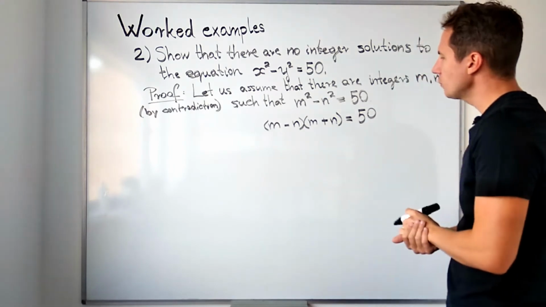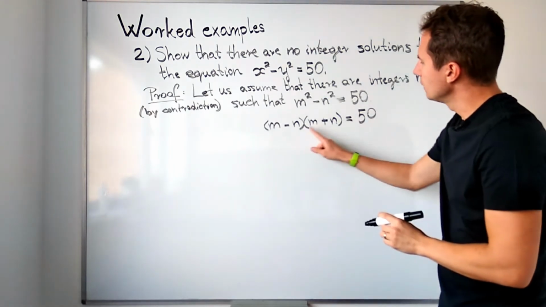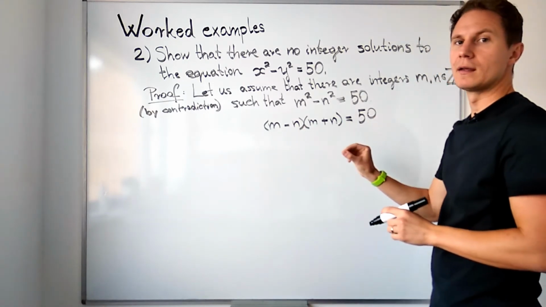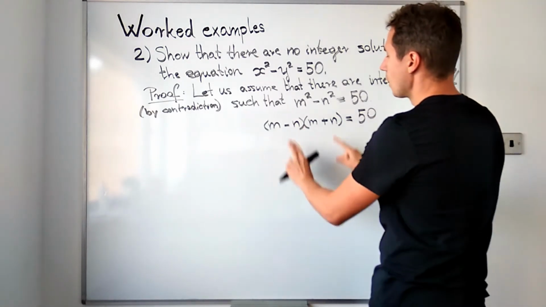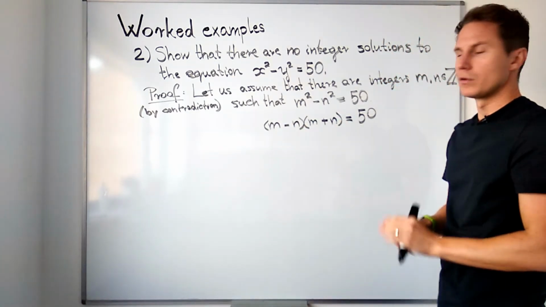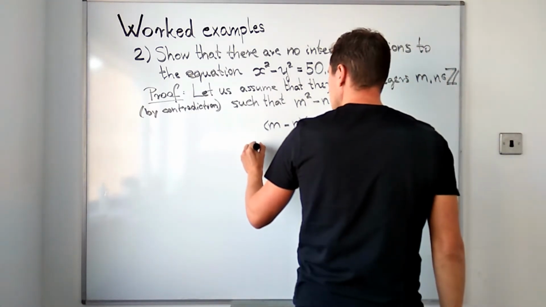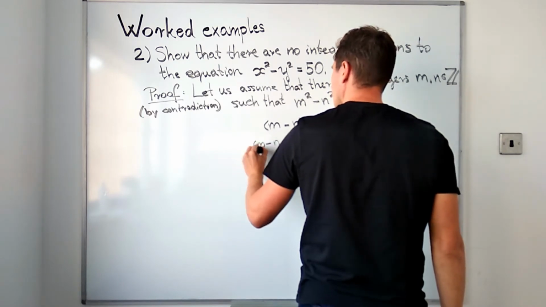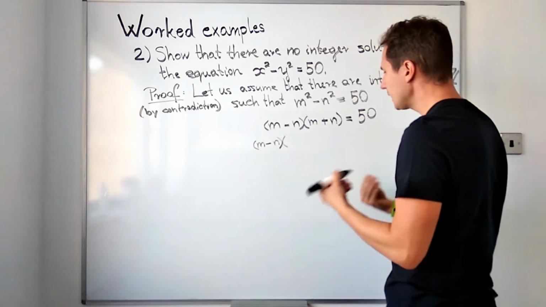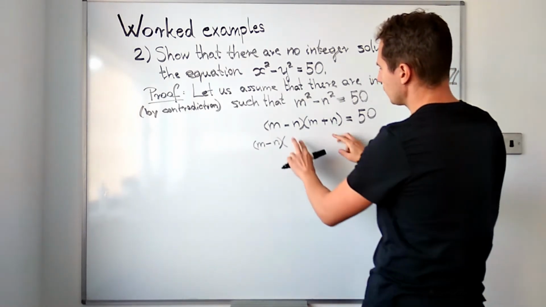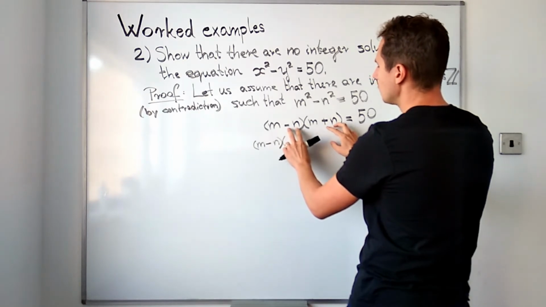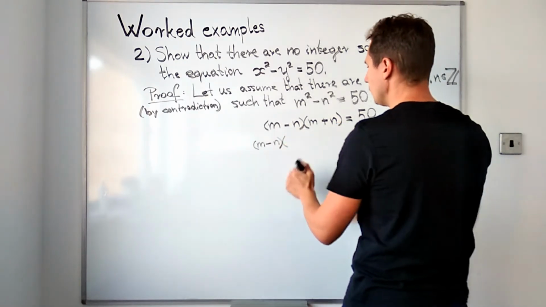Now let's just realize that these two numbers have to have the same parity, meaning that they are either both odd numbers or both even numbers. So why is that? Well, it's because m minus n is the first factor and m plus n is the second factor, and notice that the difference of these two numbers is even.